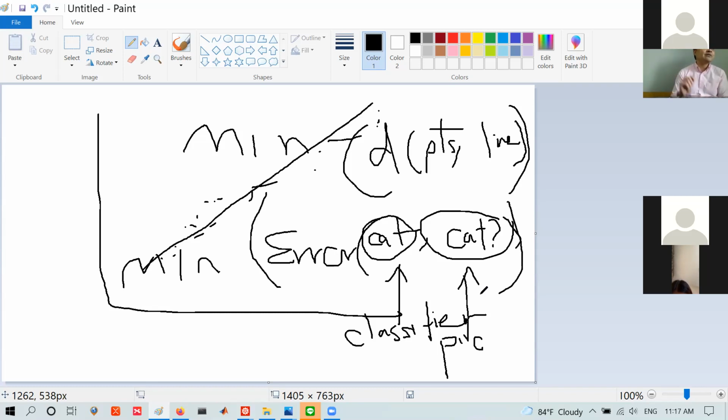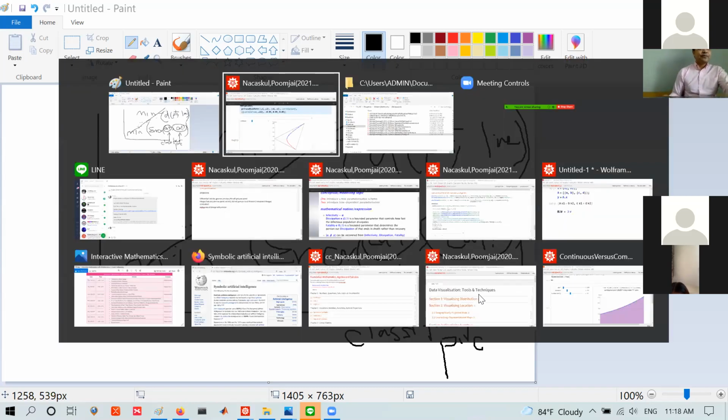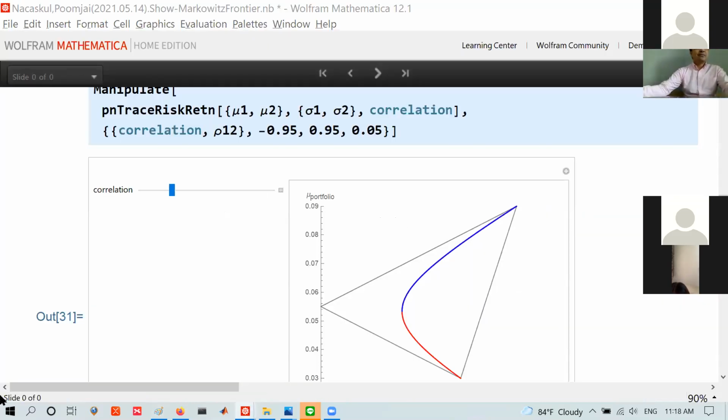So let's focus on this part because it represents eyes. Whether or not it's an eye is the same thing as whether or not there is a cat. That function has error, and that error function can be minimized with calculus. So ultimately it's everywhere.